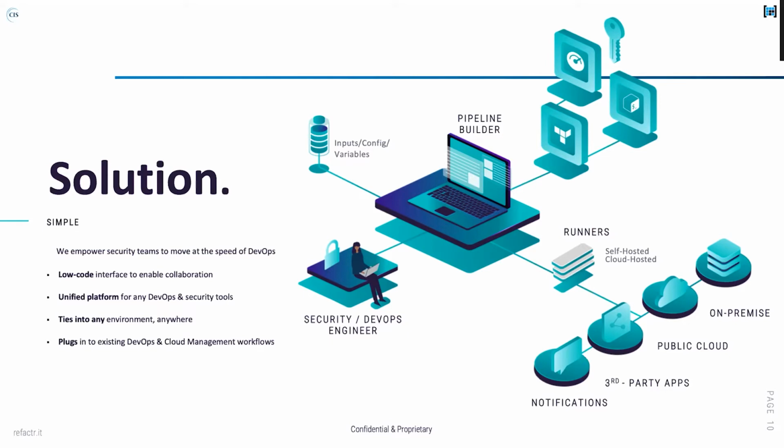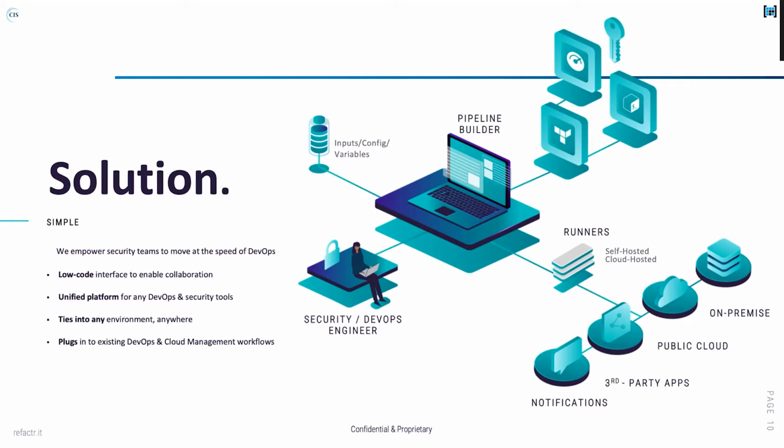So we can plug into other workflows as well, which is super awesome, because you can leverage the current process you already have, or if you want to do something completely greenfield, you can use our platform as a standalone system. So you have options whether you want to tie in or use it standalone.